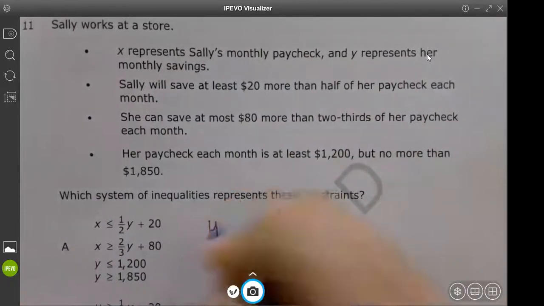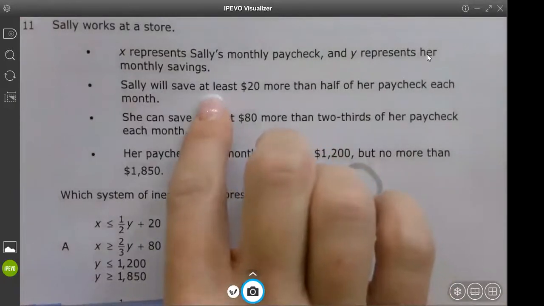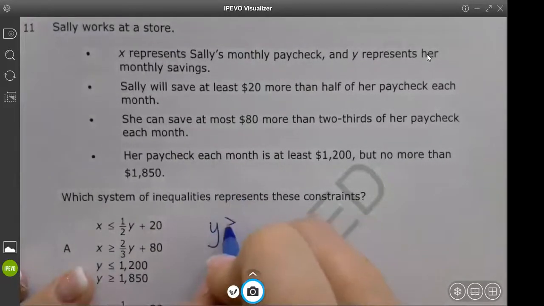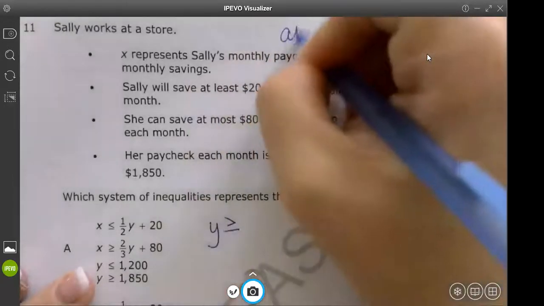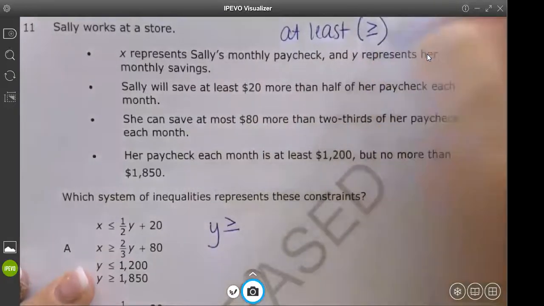Y. How do I write at least? What does at least mean? If I have at least $20 in my wallet, what does that mean I have? The least I can have is 20. So I could have more, right? So $20 or more. That means greater than or equal to. So you may want to write that somewhere. At least is greater than or equal to.